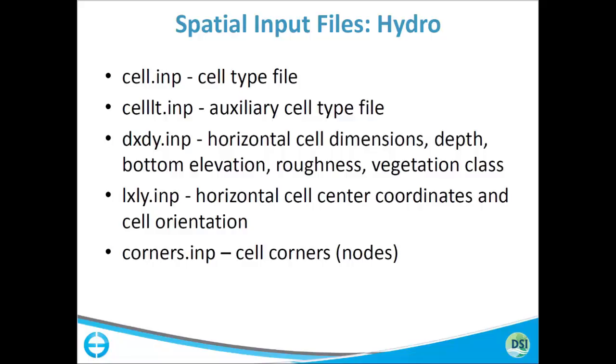When you look at a map of an EFDC model in EE, by default, it always displays the model using the corners.inp file, which EE generates for you. You don't have to do anything. But if you want to see what the model looks like really internally to EFDC, there's a checkbox.